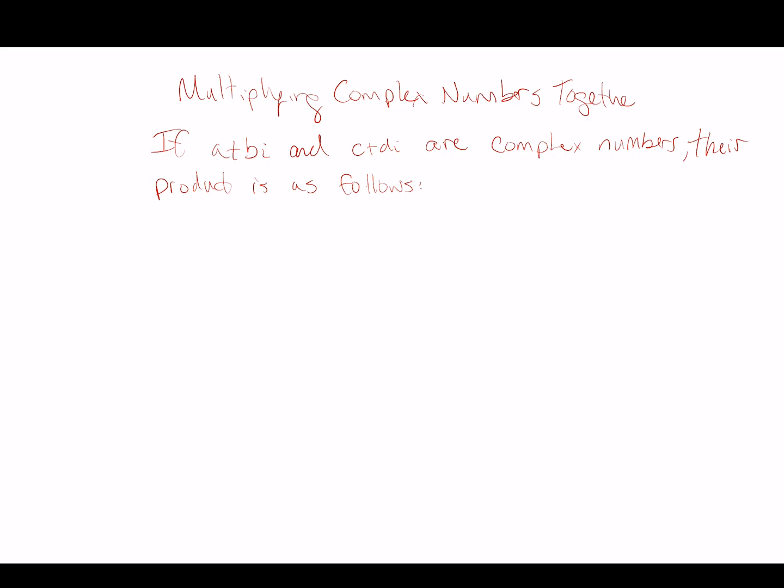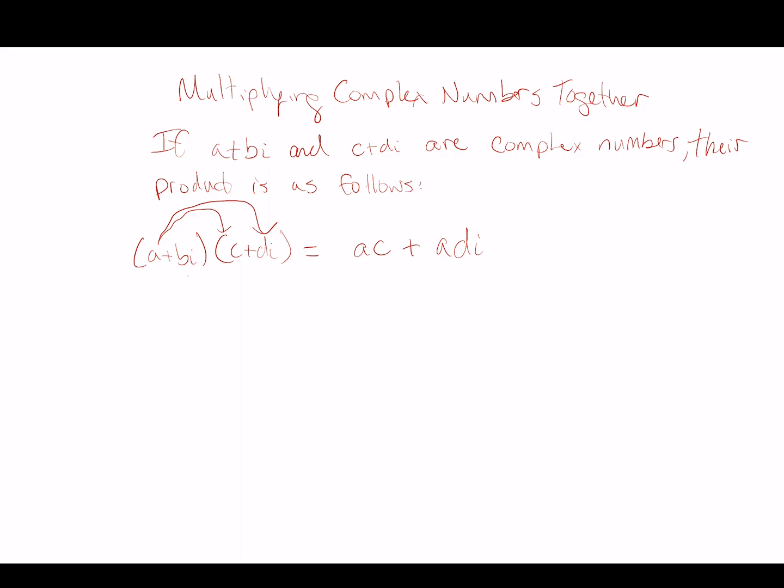Multiplying complex numbers together. If a plus bi and c plus di are complex numbers, then their product is as follows. A plus bi times c plus di gives us, we need to distribute, we have a times c plus a times di.